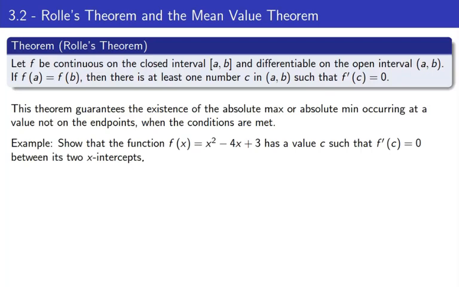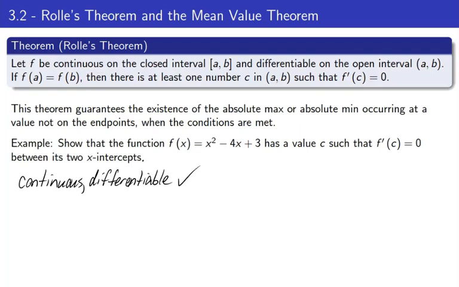Let's use an example. We're going to show that this function has a value c so that f prime of c equals 0. We need to quickly state, yes, it's continuous and differentiable. It's a polynomial and we can assume that immediately. So continuous and differentiable are good.